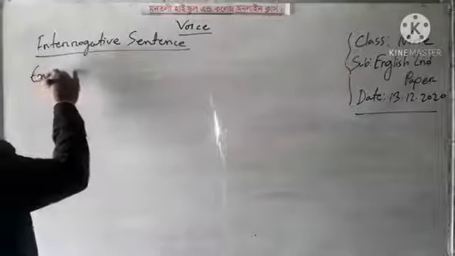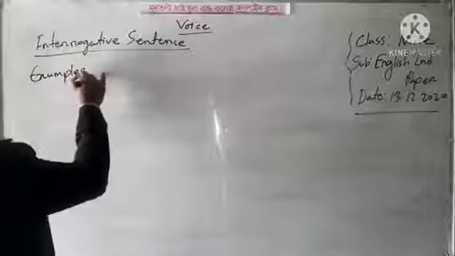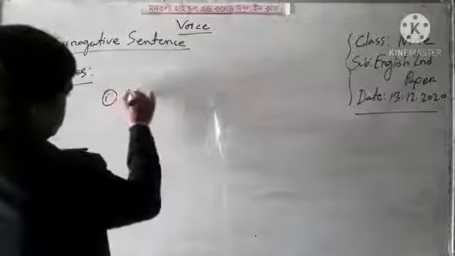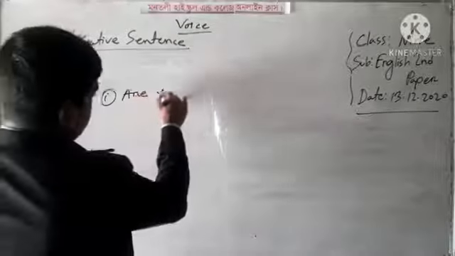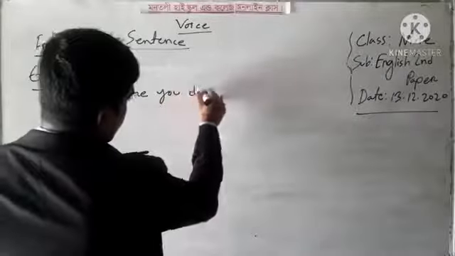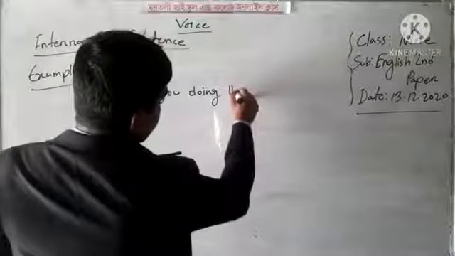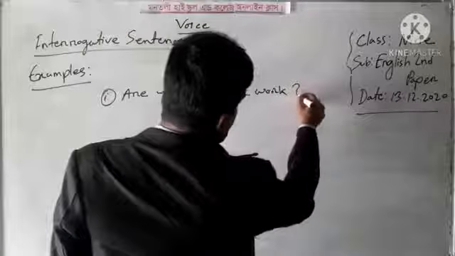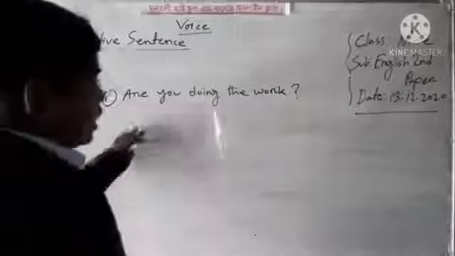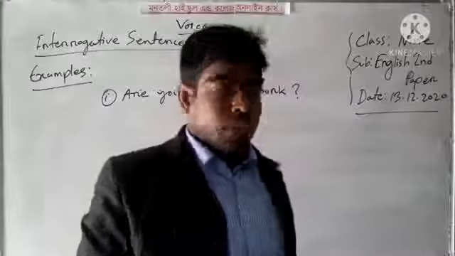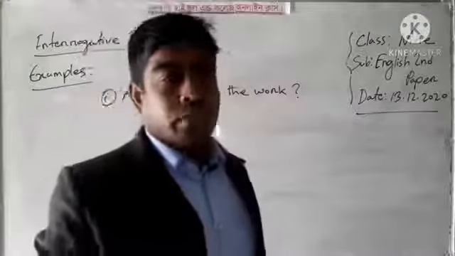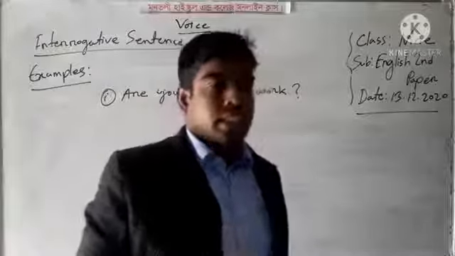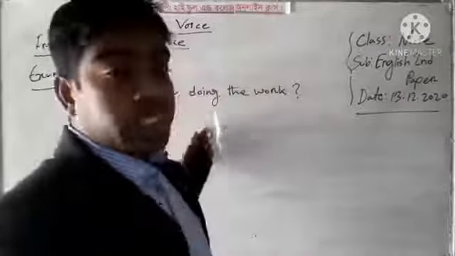Here I am giving some examples. Suppose, are you doing the work? It is actually an interrogative sentence. So how can we change it into passive? At first I have to change the sentence into assertive.